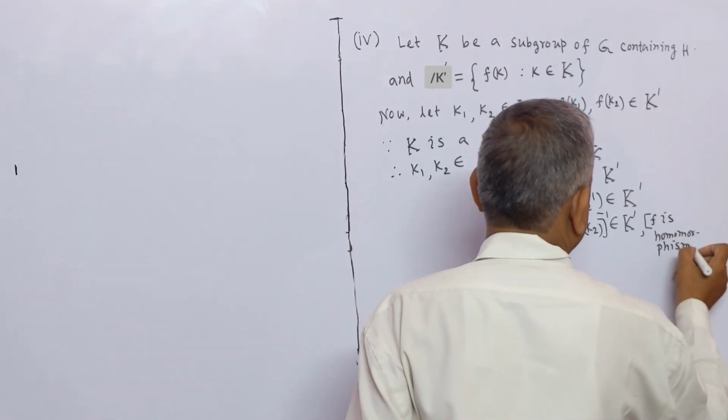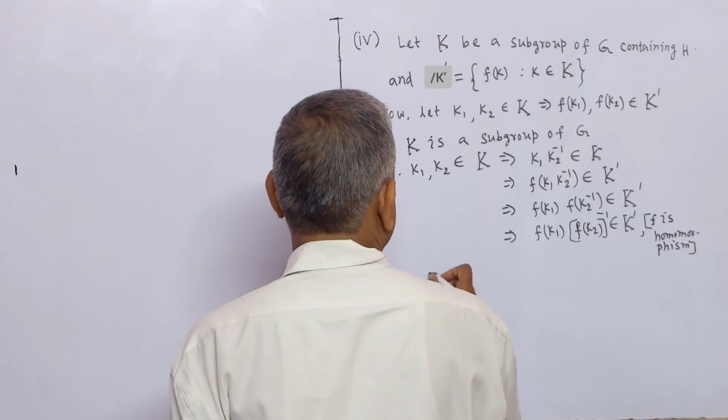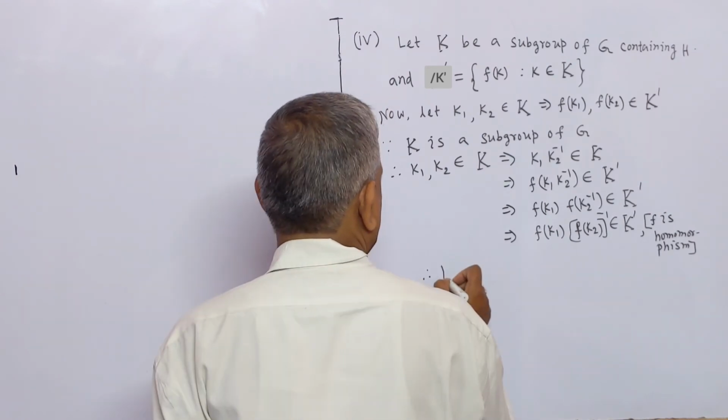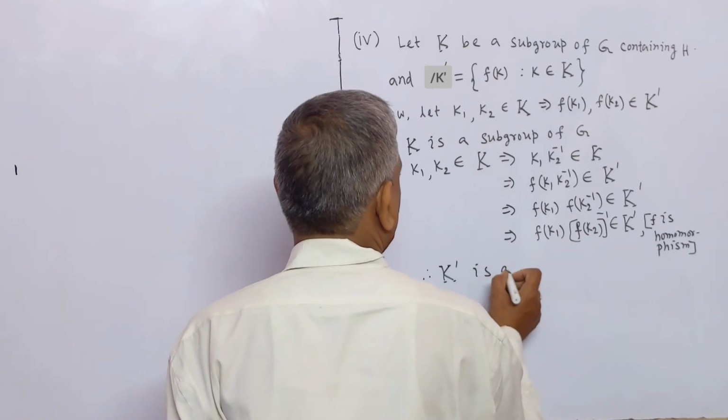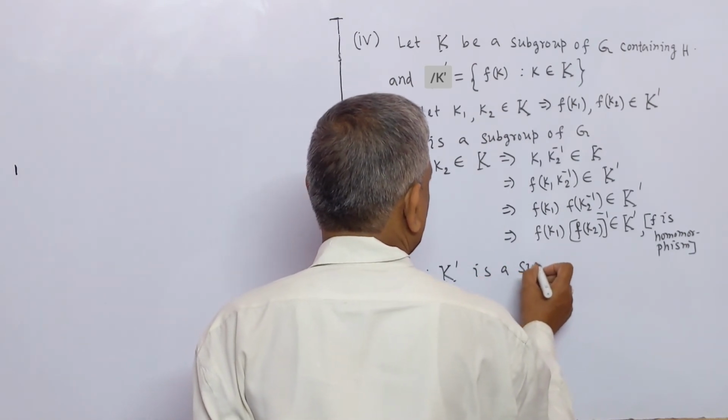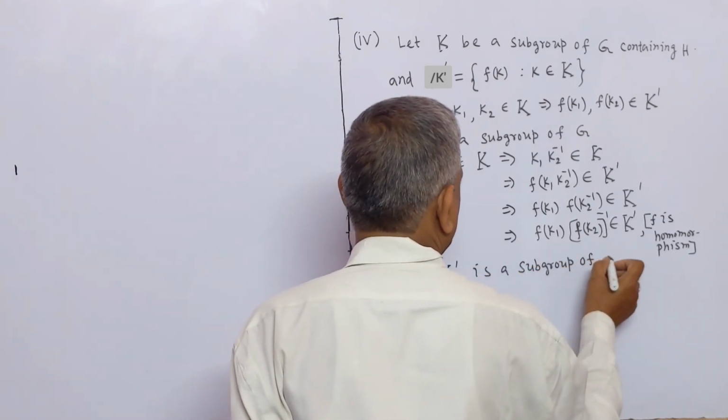Therefore, K prime is a subgroup of G prime.